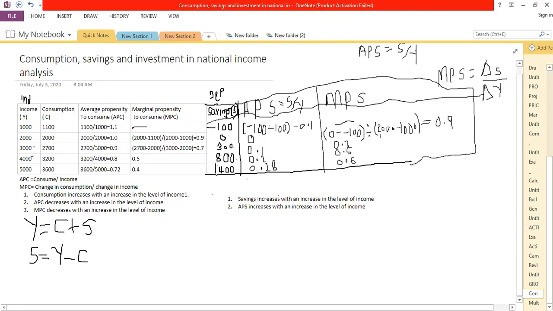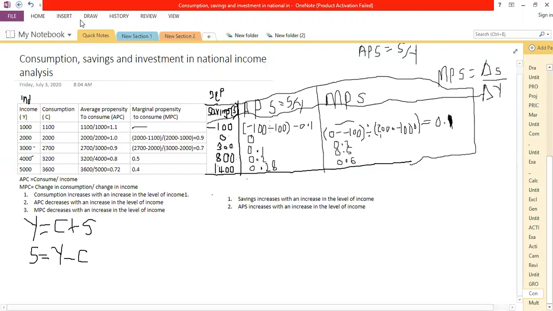We can note that the MPS: 0.1, 0.3, 0.5, 0.6, you can see it's increasing with an increase in the level of the income.